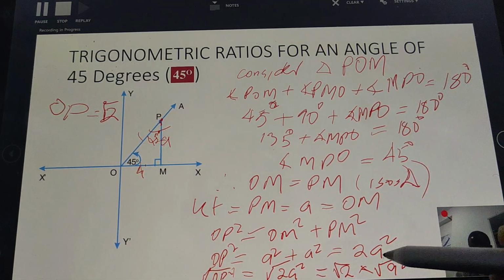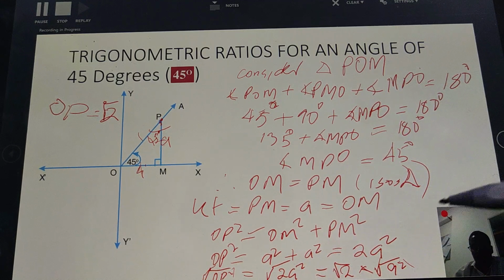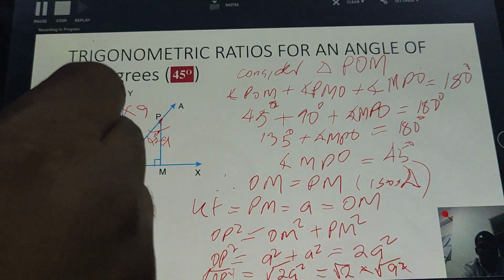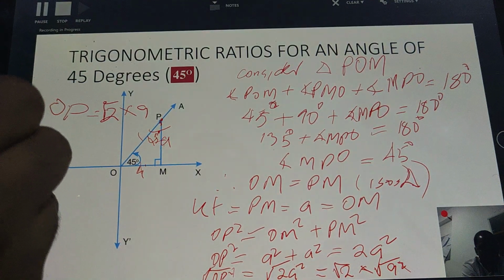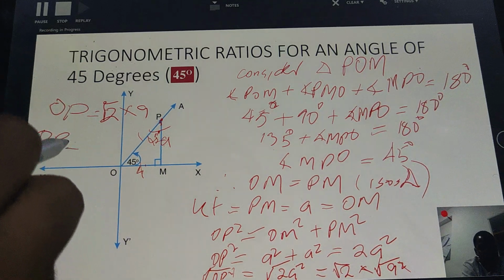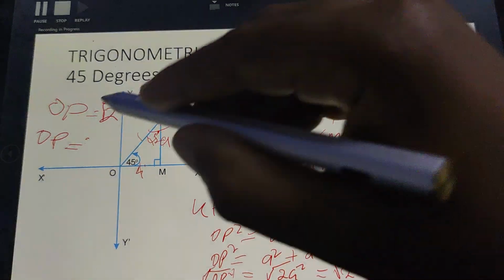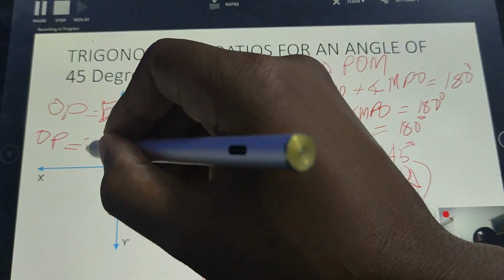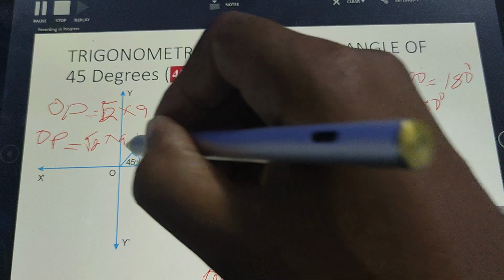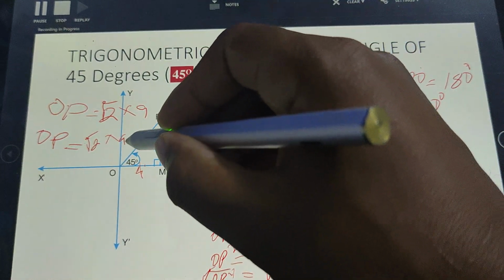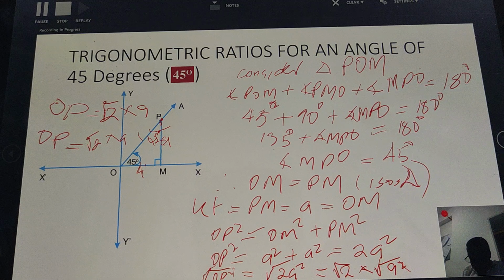So that square can go, so you remain with A that side. So OP should be equal to root 2 times A. Alright, so all the sides are found, and we can now happily go and substitute these values into our equations.